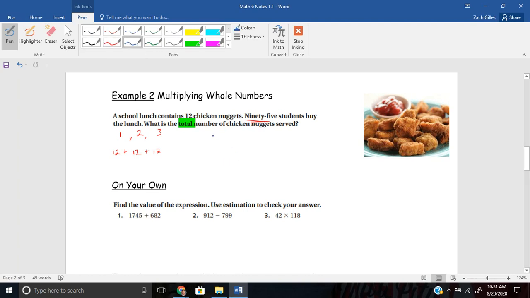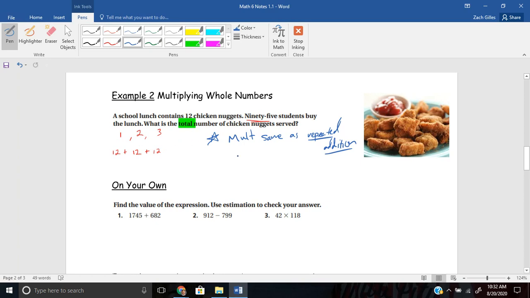A good reminder is that multiplication is the same as repeated addition. And that's what we're doing here. We're repeating 12. We're adding 12 each single time. So multiplication is the same thing as repeated addition.